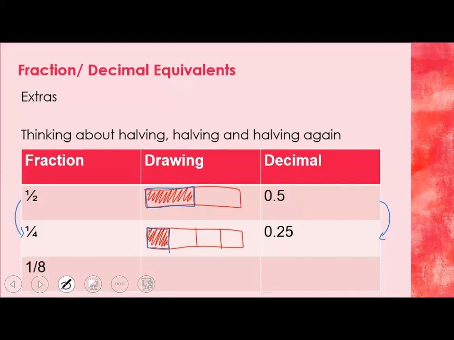What about if I wanted to do that again? So this time I'm going to have my same bar. I'm going to start by splitting it into half, so over 2. Then I'm going to split into quarters by splitting those into halves again. So that's in quarters, just like my one above.